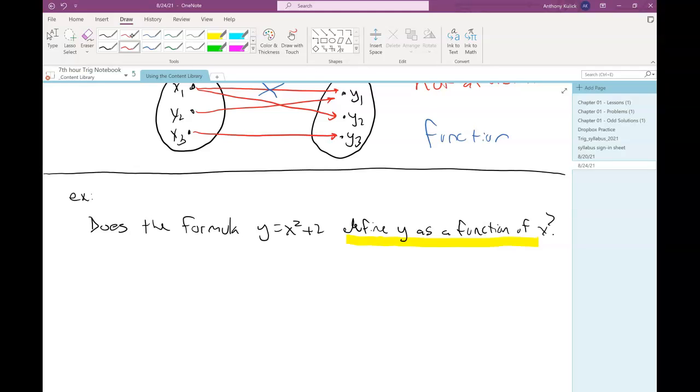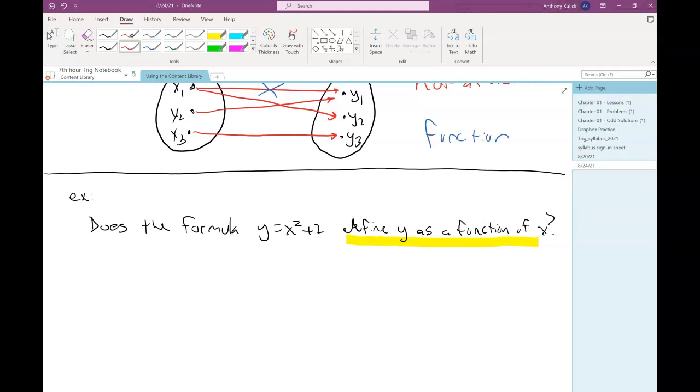That's the way we've always written things in our Algebra 2 class, where we pick values for x and then we find the value for y. Everybody remembers doing that? And that's all that the phrase at the end is saying. It's just being specific: y as a function of x says that y depends on x, making it the dependent variable and x the independent variable. Everybody's okay with the wording there and the information it's conveying?